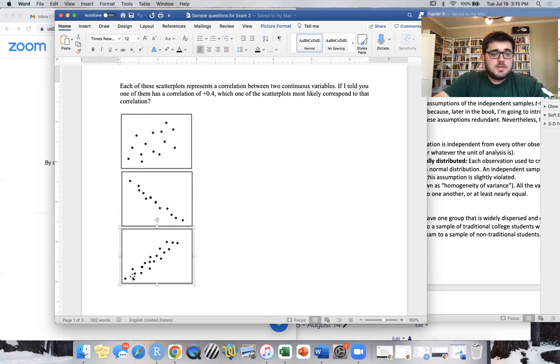Whereas this one is so cloudy that you can almost barely tell that there's an upward trend as you read from left to right. As x increases, y also increases. So this would be the best answer, the first one. There is a moderate positive correlation. The other correlation is positive, but it's too strong to be 0.4. So if you had to pick between these, it would be this top one.